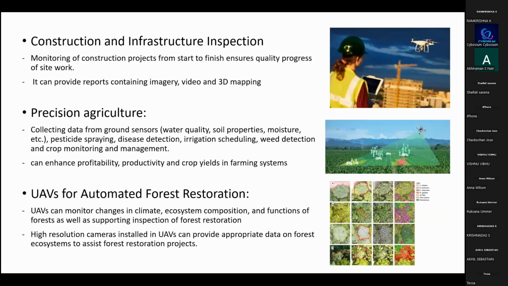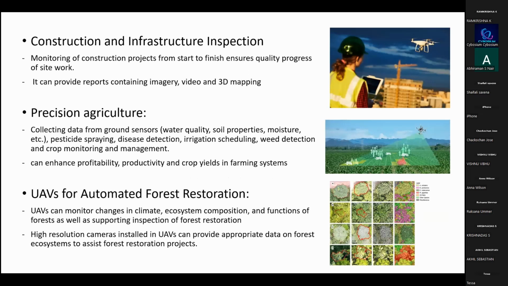And again, construction and infrastructure inspection. If there are certain buildings under construction, a drone can go and monitor all those buildings, and it can contribute from start to finish and send out the quality progress report. We can just train the drone to check these things, and if there is some anomaly, contact us and send us an alarm.